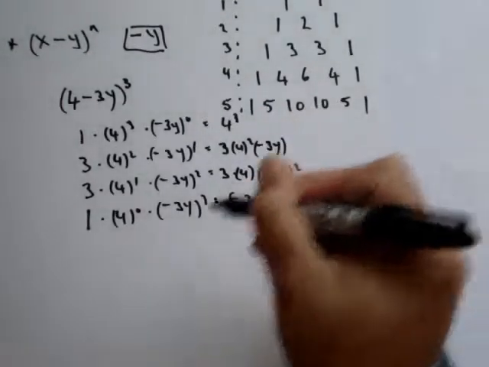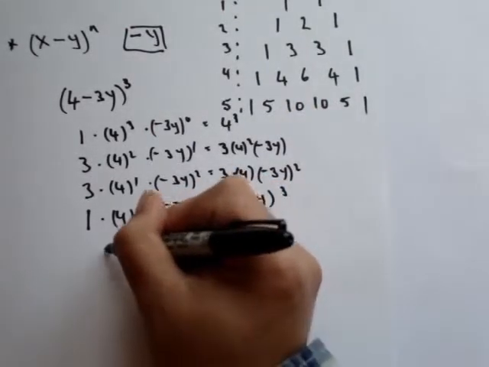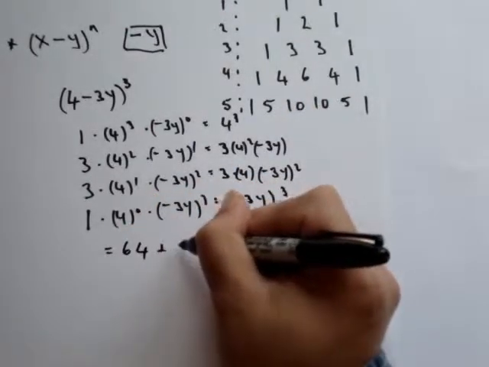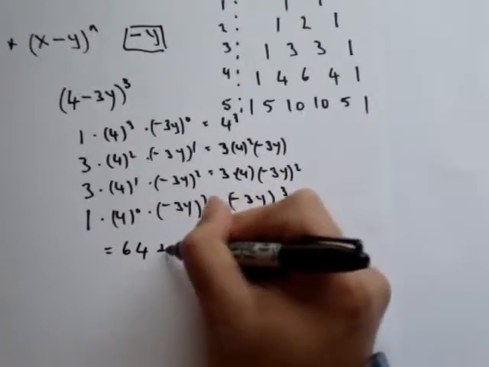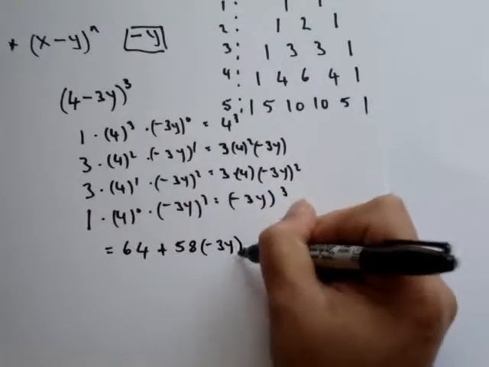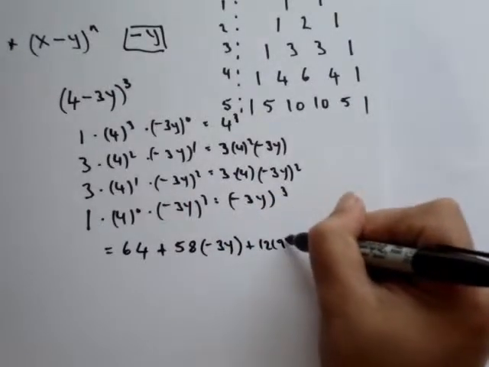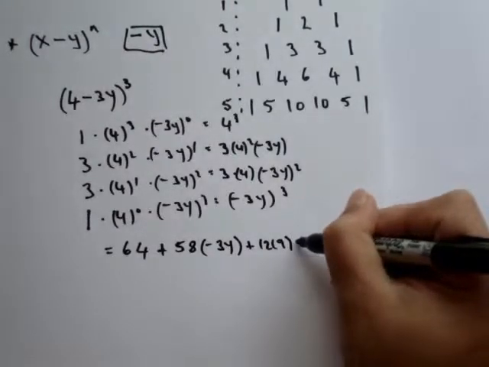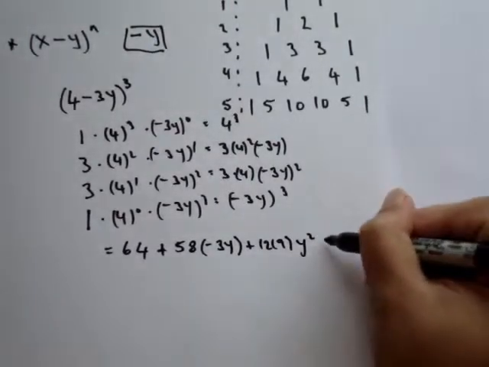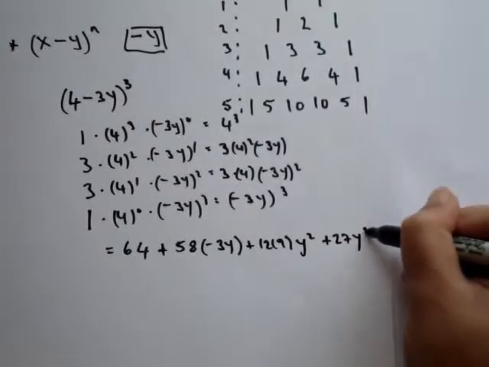That's 4 cubed is 64, plus 48 times minus 3y, plus 12 times 9 y squared, plus 27 y cubed.